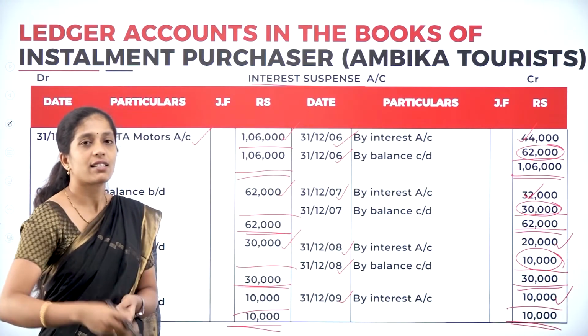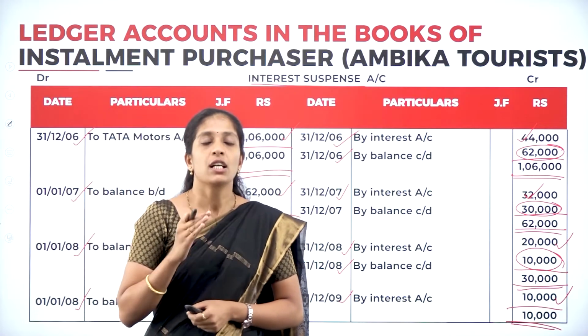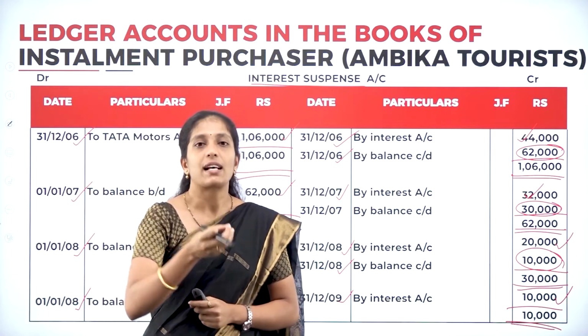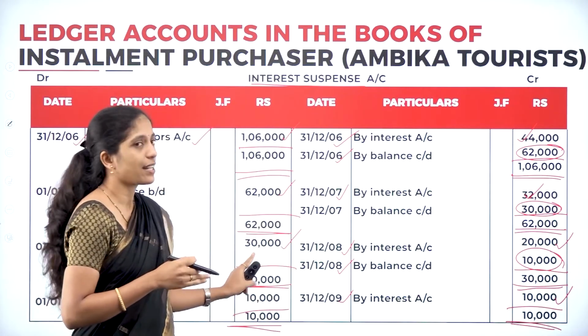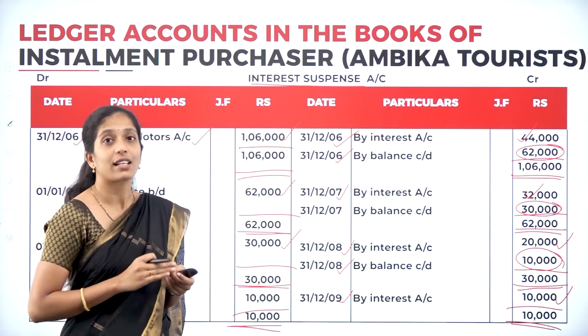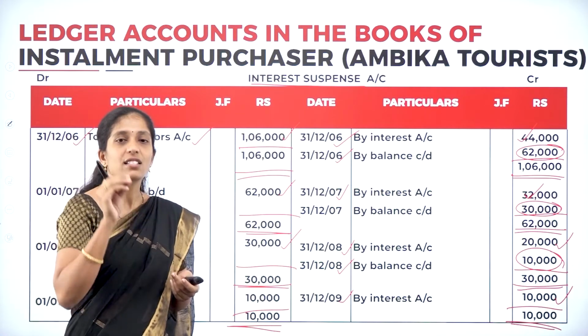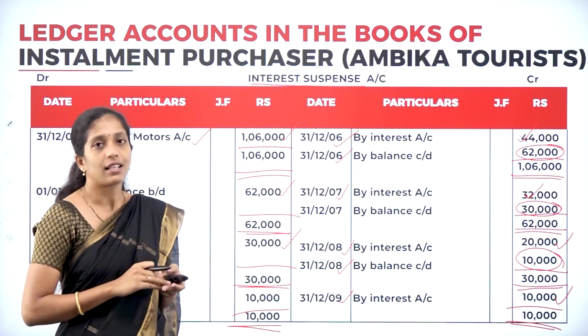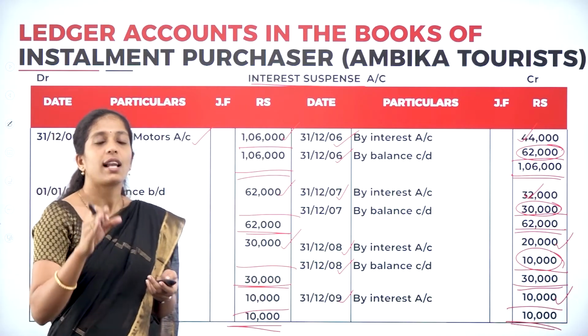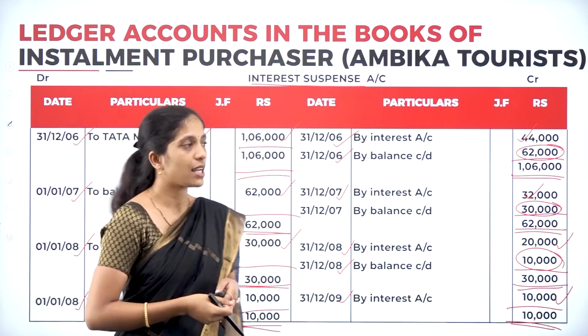So under interest account, in the first year, you have an entry while purchasing the asset. Next is for interest due. In the rest of the years you are recording an entry only in case of interest due, and the balancing figure has to be carried on. In the same way, it goes on continuing till the last year, where both the sides will be equal.